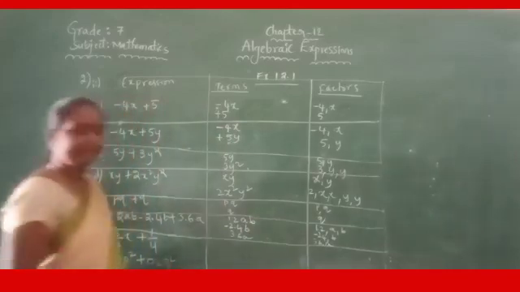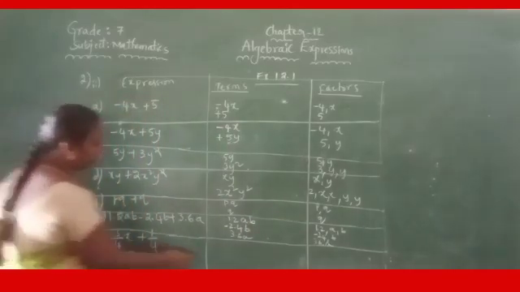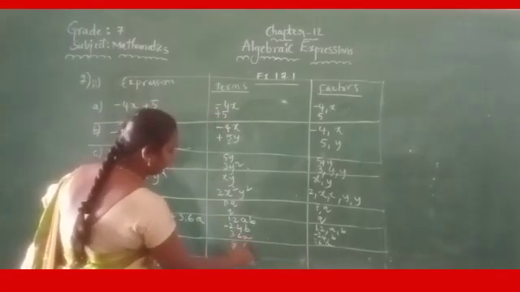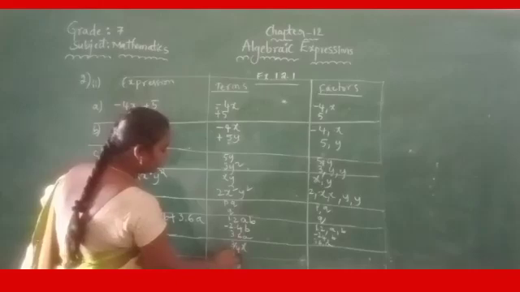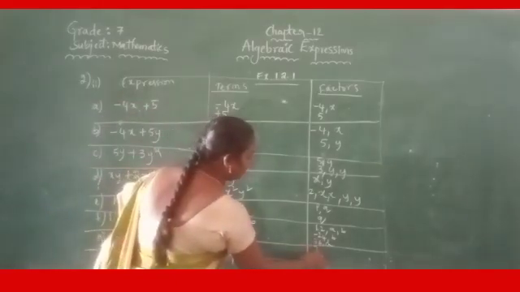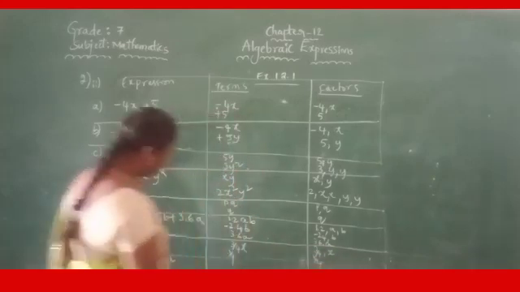These are the factors. Similarly, 3 by 4 x plus 1 by 4. How many terms? 2 terms. One is 3 by 4 x and one more is the constant, that is 1 by 4. What are the factors? 3 by 4 comma x, and one is 1 by 4.